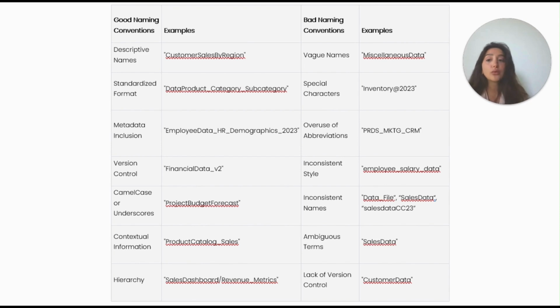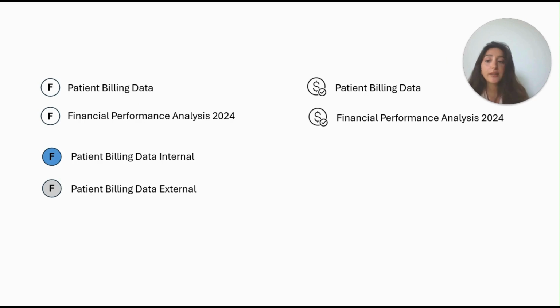Second, you want to categorize your data workspace. And for that, this is where the workspace images really make sense. You want to think of workspaces like folders on your computer. Create separate folders for each department.